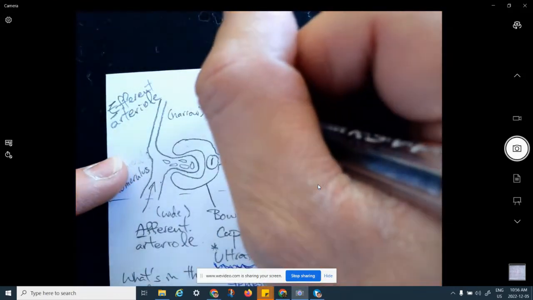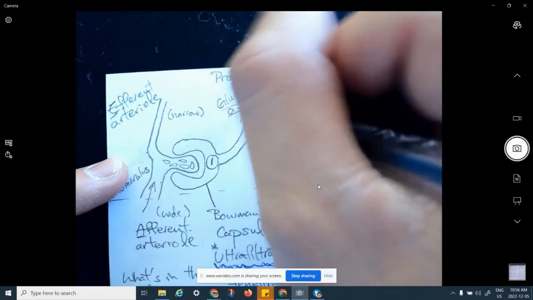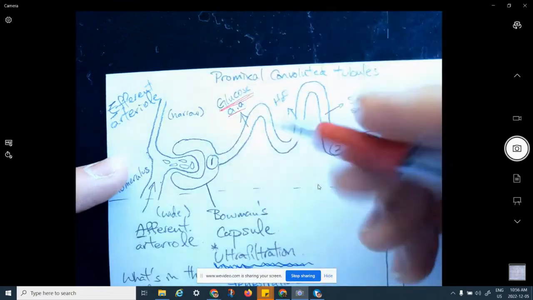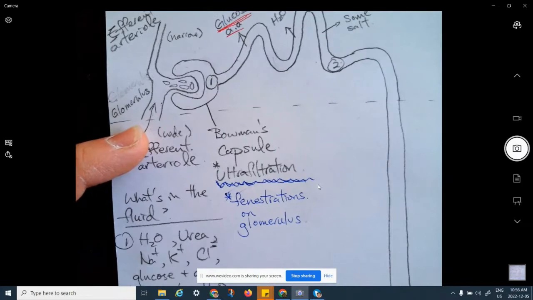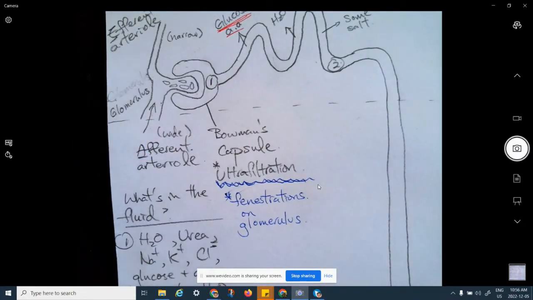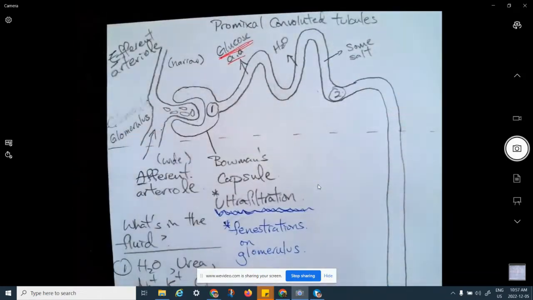Glucose and amino acids, those will be actively transported. They are going to be pumped out of the filtrate. Okay? The sodium and potassium are also going to be active transport, pumped out. Water will be a passive transport movement.